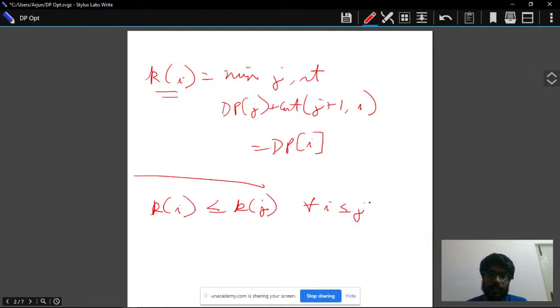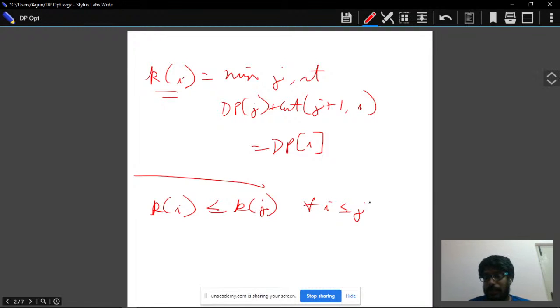In other words, when I have dp of I, the first place where I can cut to get my optimal, if it's here, then if I'm considering dp of some larger array, the place where I have to cut will move to the right. It will not move to the left, right? And this is a pretty natural constraint which you'll see in a lot of situations.